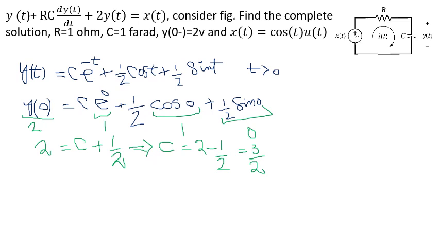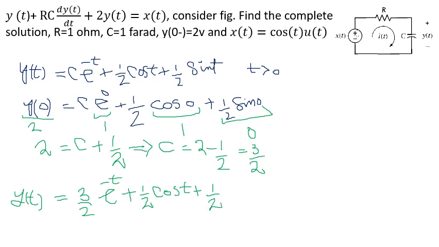So the complete solution of this equation is given by y of t equals, with C being 3 by 2, 3 by 2 e to the power minus t plus 1 by 2 cos of t plus 1 by 2 sine of t, and this is valid for t greater than 0.